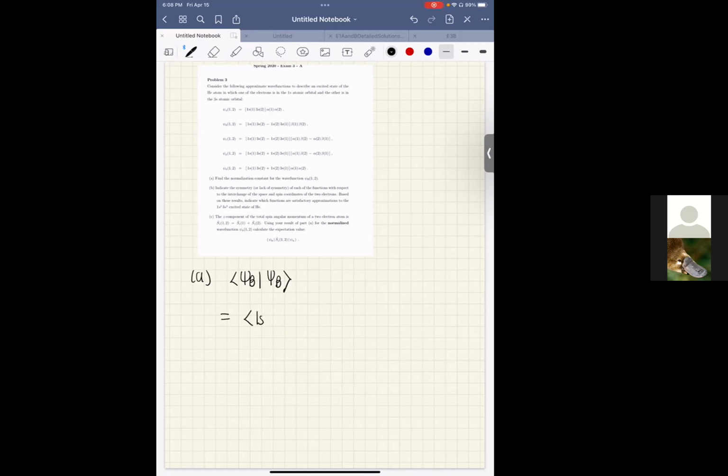So this is just 1s(1) 3s(2) minus 1s(2) 3s(1), multiplied by beta(1) beta(2), and it's basically the same thing, but it has the opposite. It has the ket.